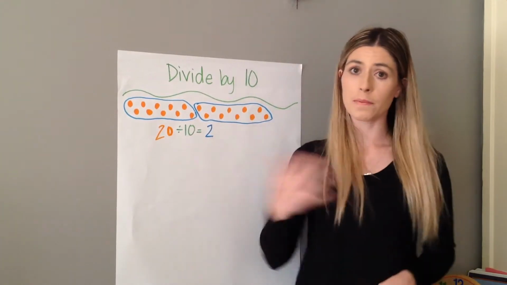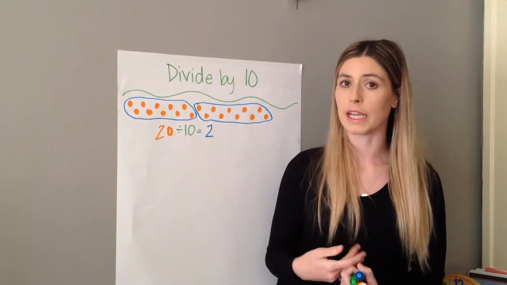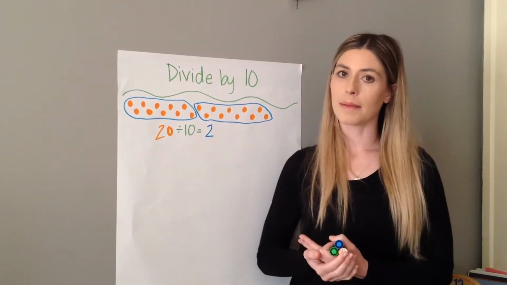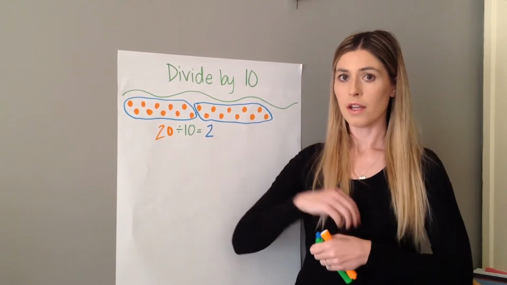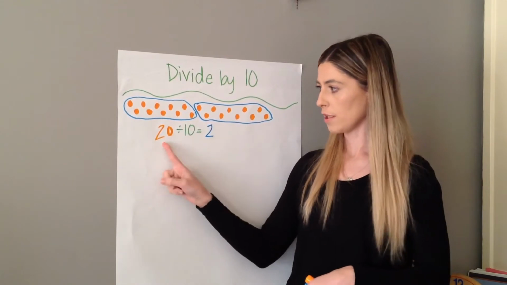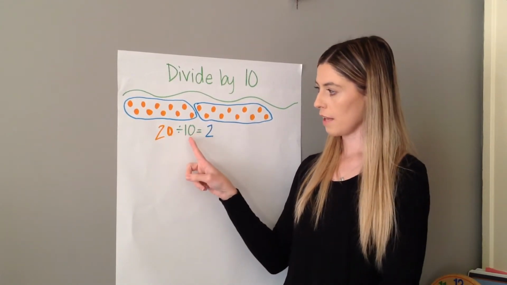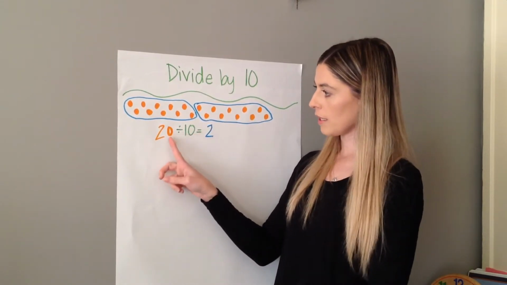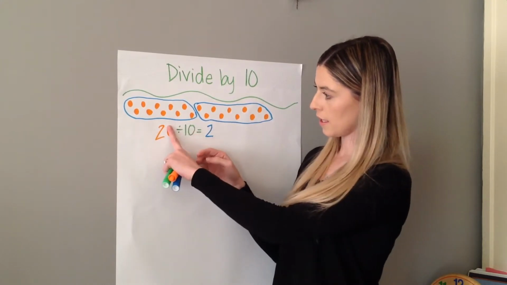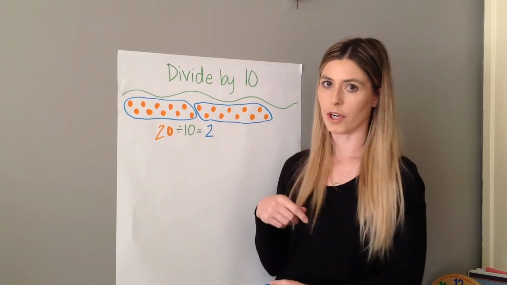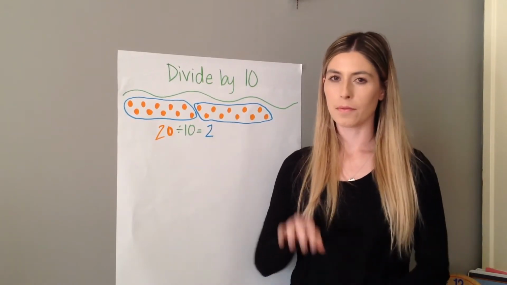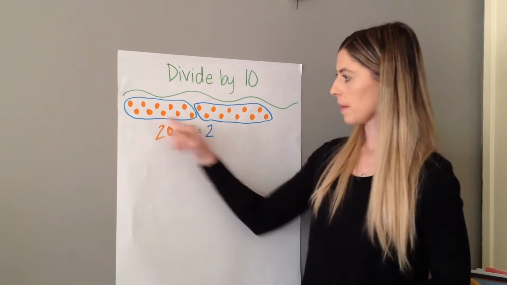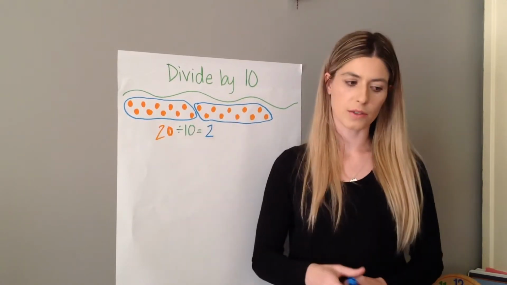Now, if you use my trick from before with multiplication, when any number is times 10, you take that other number and you add a 0 to the end. So now that we're starting with the bigger numbers, we're starting with 20, and if you divide by 10, you can take this number, take the 0 off, and that's your answer. So that's the little trick to help you just see it number-wise, but this is to help you see a picture as well.